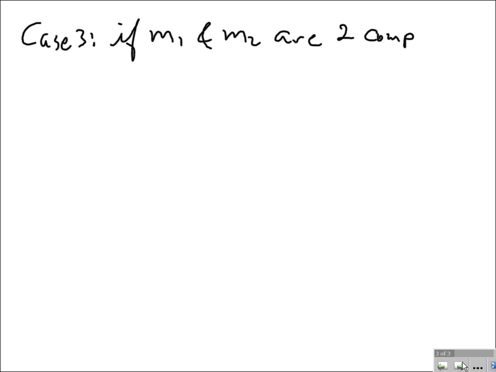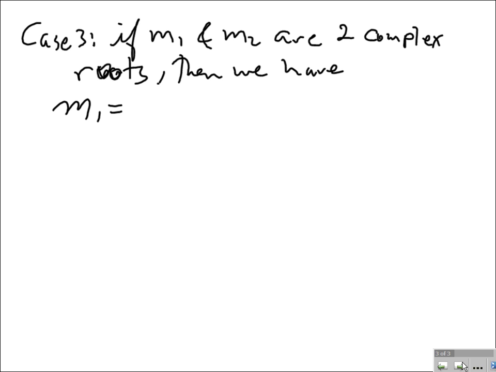Remember, for case 3, you get two complex solutions. So if m1 and m2 are two distinct complex roots, then we have that m1, since it's a complex number, is a plus bi.